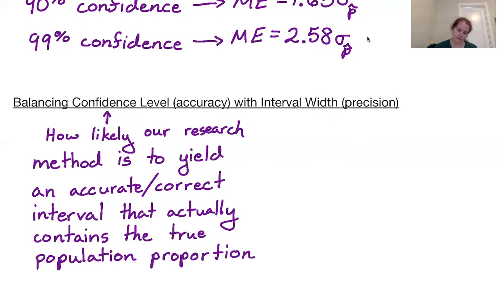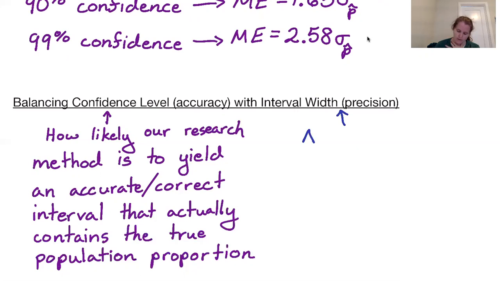Versus the interval width tells us how precise our answer is. It's not very informative if we have a very wide interval. A narrow interval is much more informative, right?